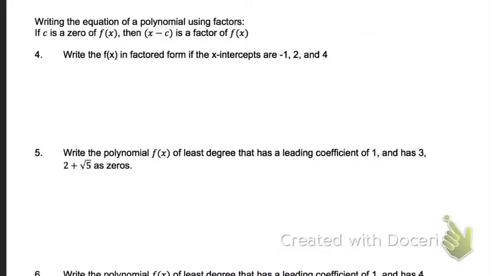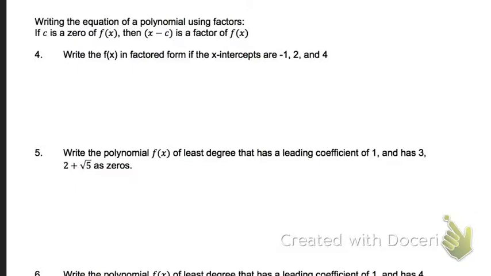Okay, so the last part is they're going to be asking you to write a polynomial function in standard form, and they're going to give you the roots. I think there's two parts of this that can be a little tricky. The first is if they give you a square root or an imaginary.